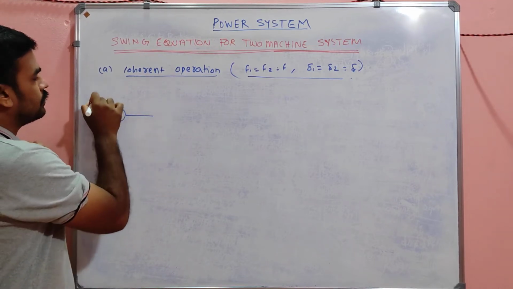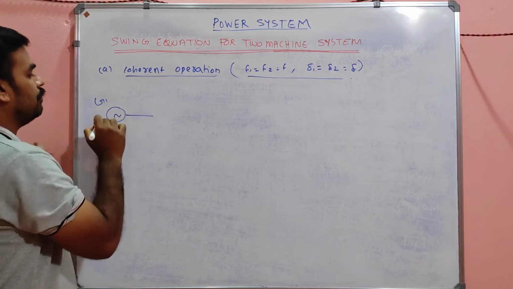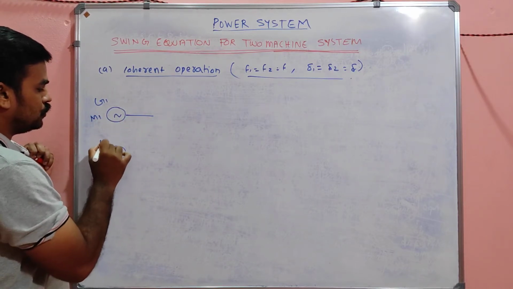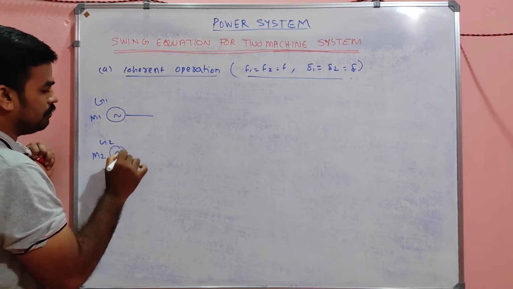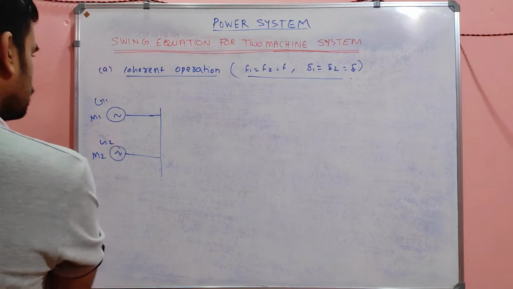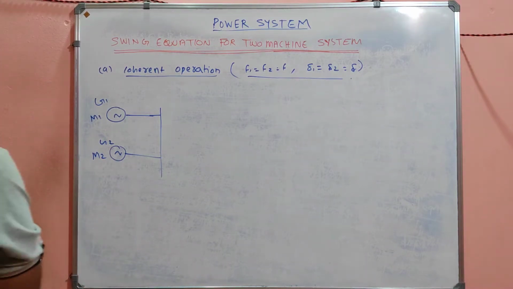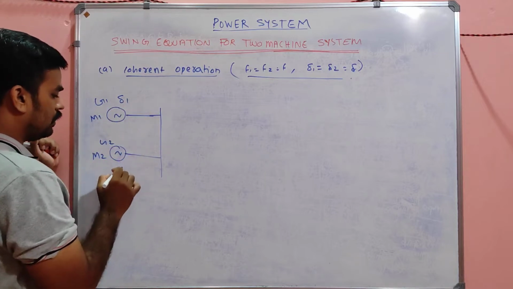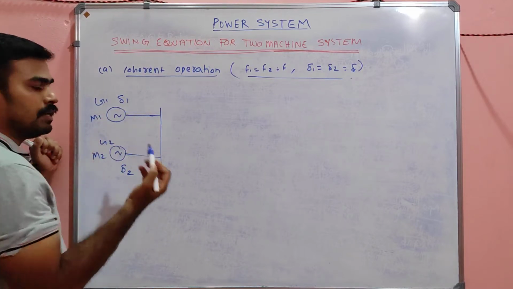Consider two alternators, my dears. Let G1 have an inertia constant of M1 and G2 an inertia constant of M2, connected to a bus, with angles δ1 and δ2, which are equal.